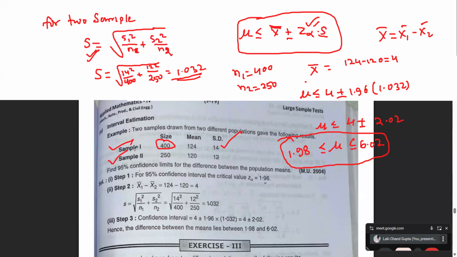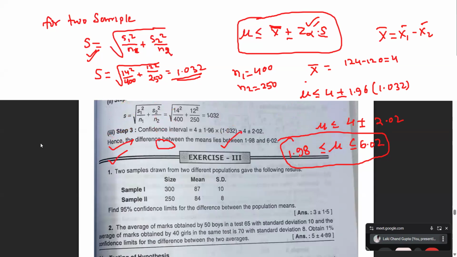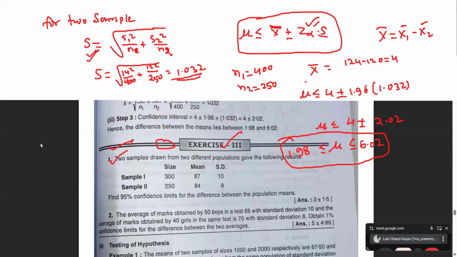So your confidence interval lies between 1.98 to 6.02. Understood? Yes. Can you try this first question? First or second, do anything. So average marks, what are you doing, first or second?